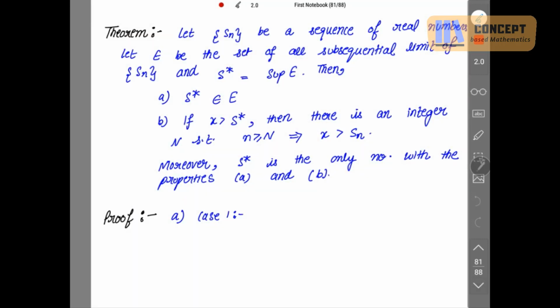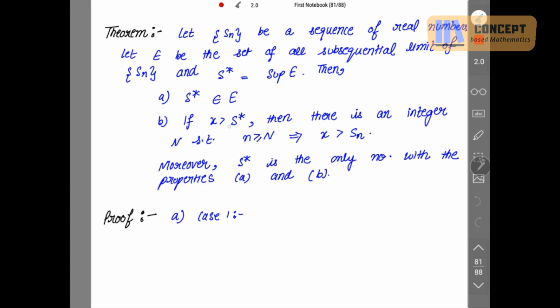Okay, so let's start with the theorem. Let Sn be a sequence of real numbers. Let E be the set of all subsequential limits of Sn, and let S star be the supremum of E. We have to prove that S star actually belongs to E. And the other part: if x is greater than S star, which is the supremum of E, then there is an integer N such that n greater than or equal to this capital N implies that x is strictly greater than Sn.